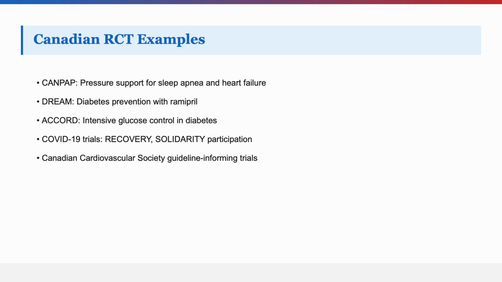Canadian Cardiovascular Society guidelines are informed by trials conducted at Canadian centres, directly influencing practice standards. As healthcare managers, you implement findings from these trials. Understanding their design and limitations helps you apply them appropriately.